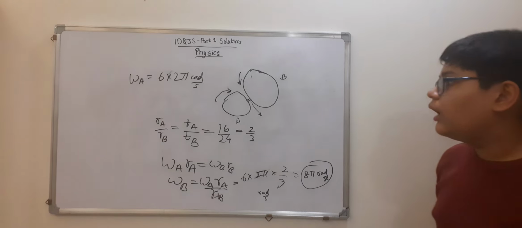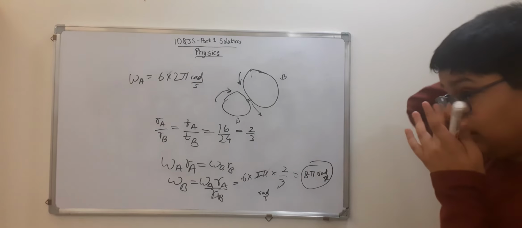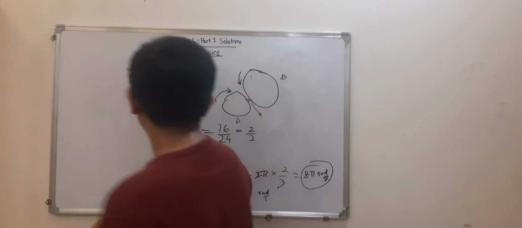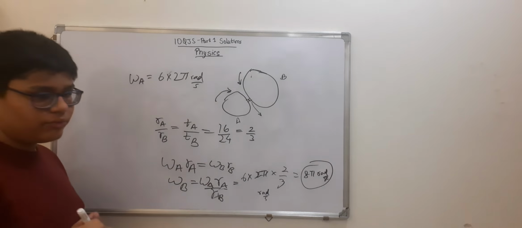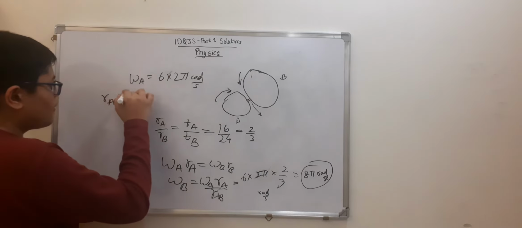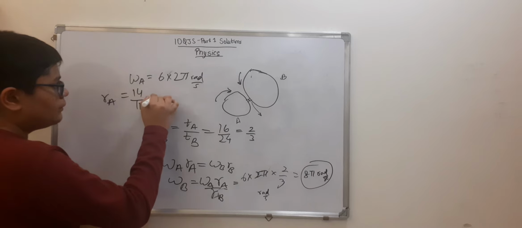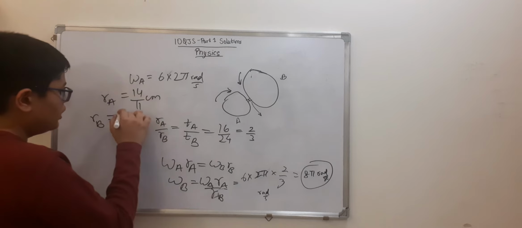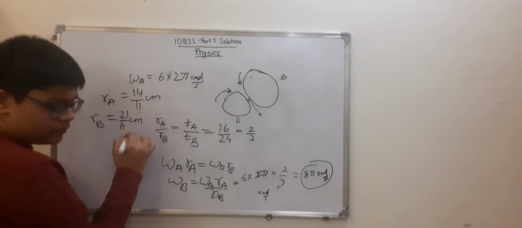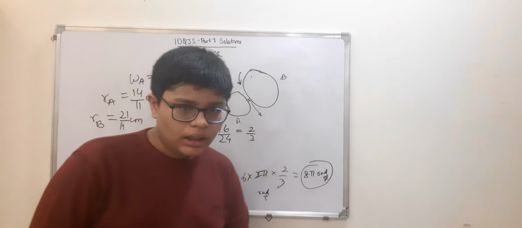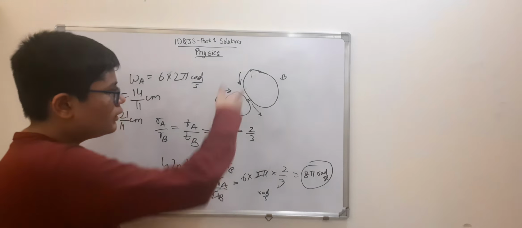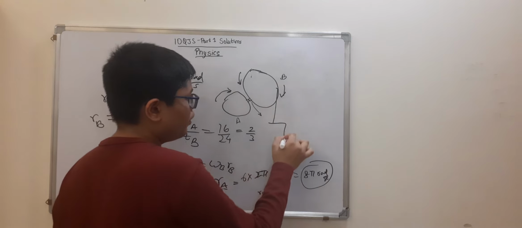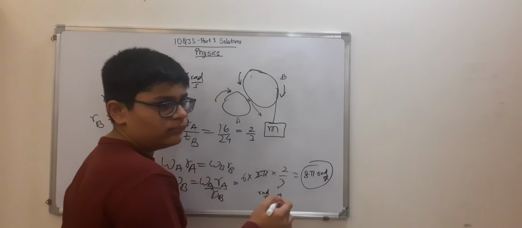Now the radius of A was given as 14 by 11 centimeter, so the radius of B will be 21 by 11 centimeter, correct? Now this is connected to a block of mass m.